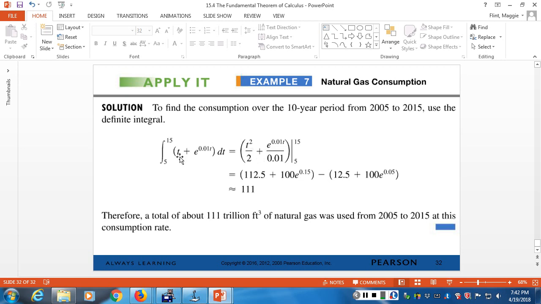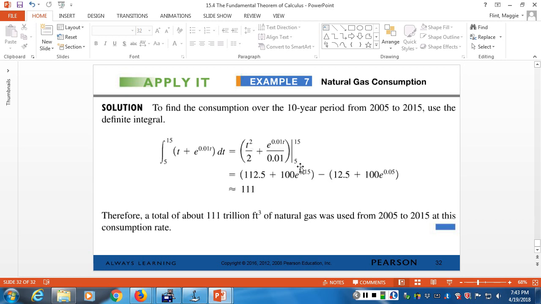So the integral of T is T squared over 2. And the integral of e to the 0.01t is e to the 0.01t divided by the derivative of its exponent, which is 0.01.